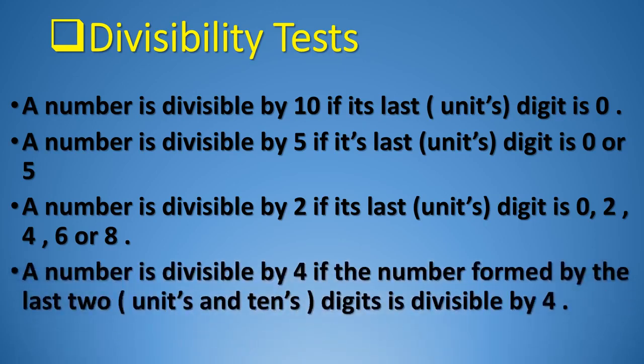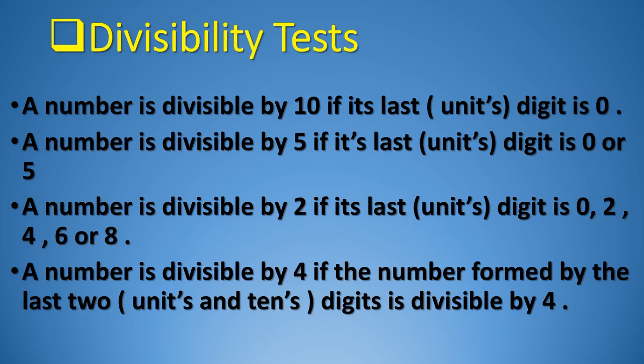A number is divisible by 4 if the number formed by the last two digits, that is unit place digit and tens place digit, is divisible by 4. Then the complete number is divisible by 4.